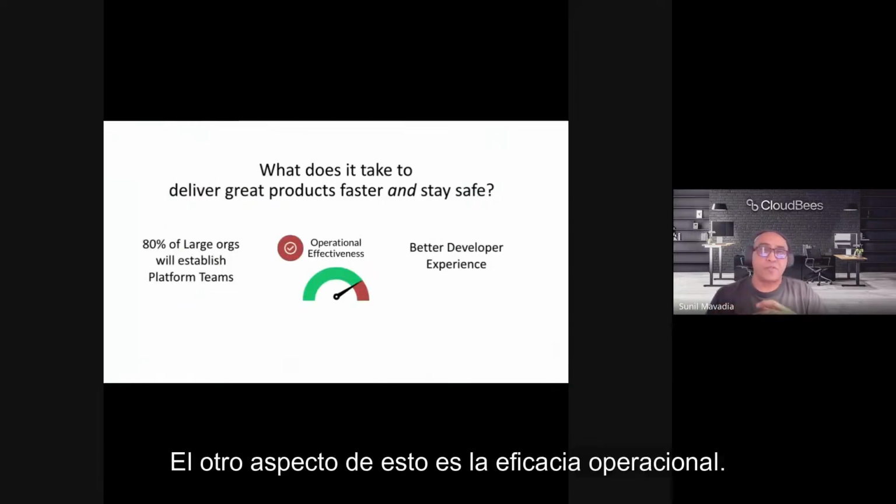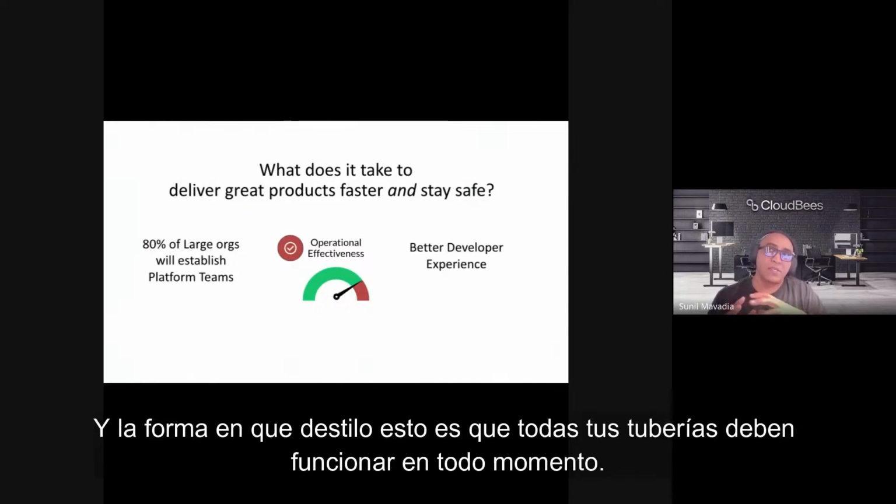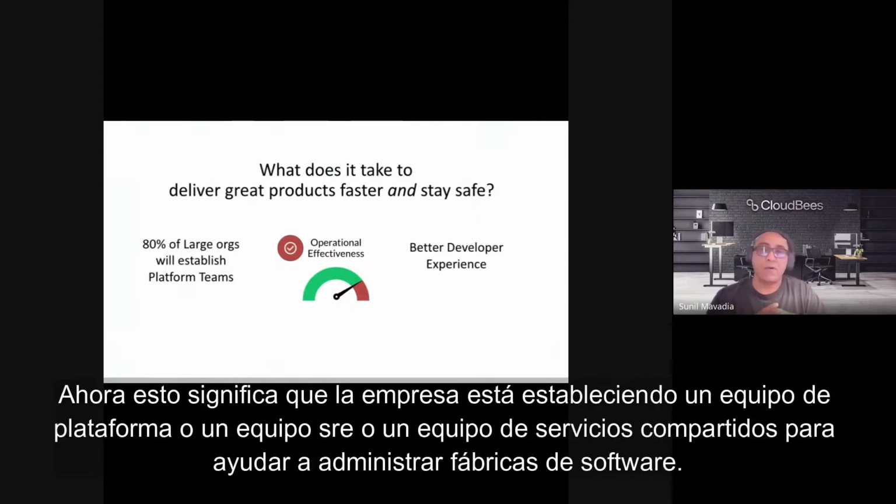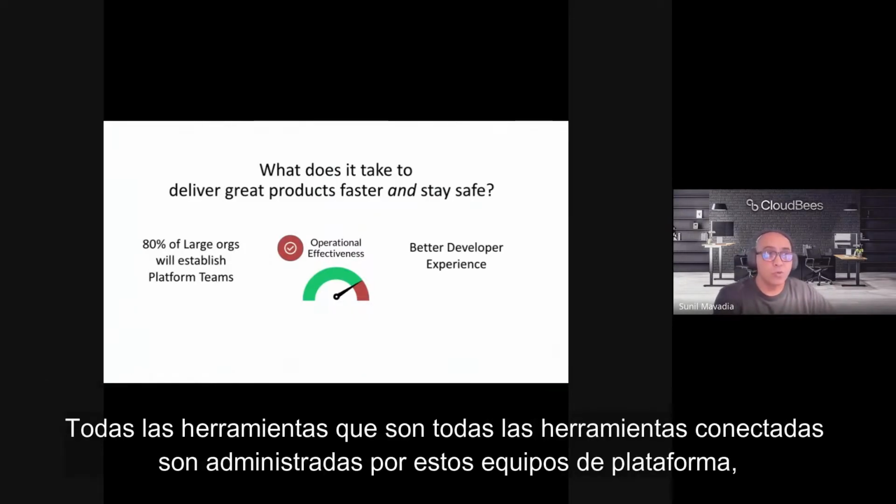The other aspect of this is operational effectiveness. And the way I distill this is that all your pipelines have to be running at all times. Now, what that means is companies are establishing platform teams or SRE teams or shared services teams, which help manage the software factory. All the tools that are connected are managed by these platform teams, right?